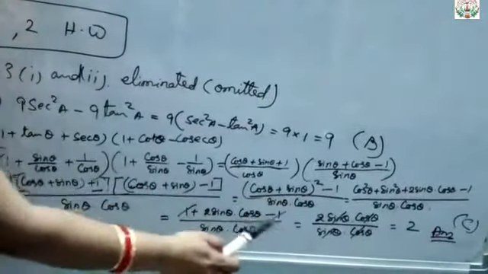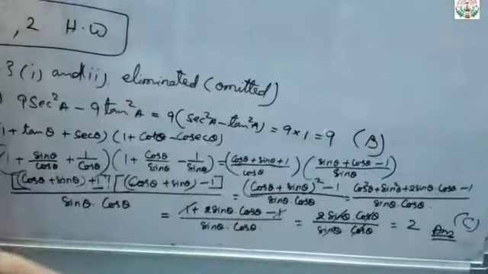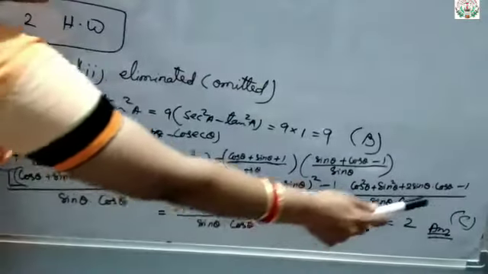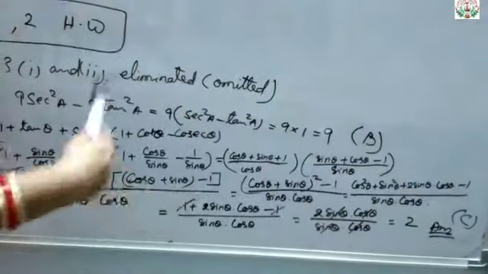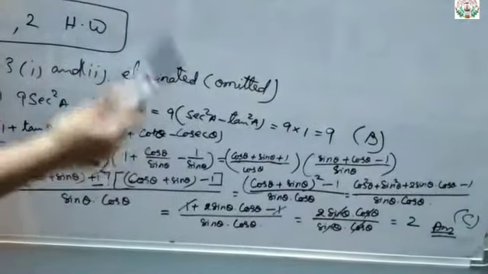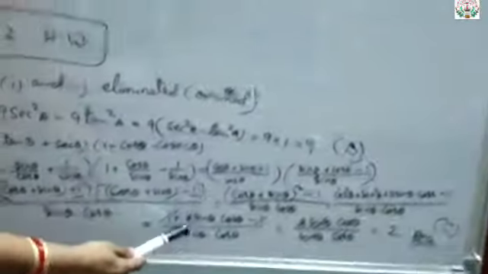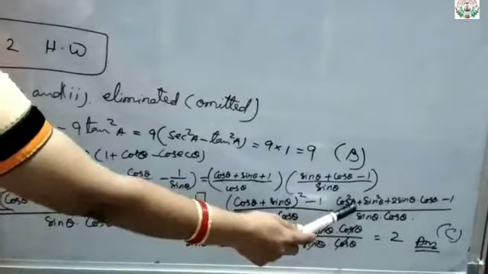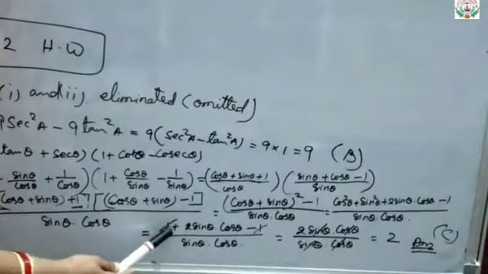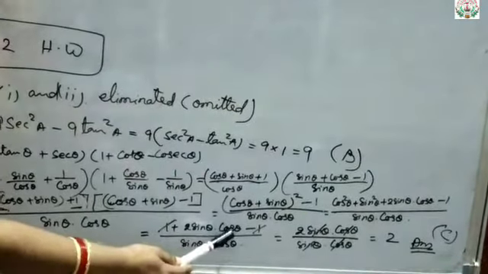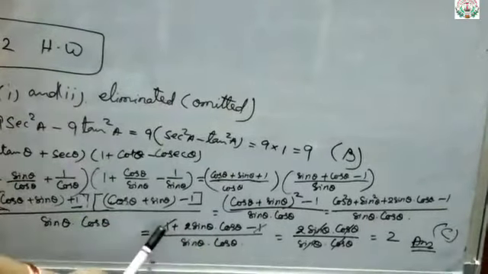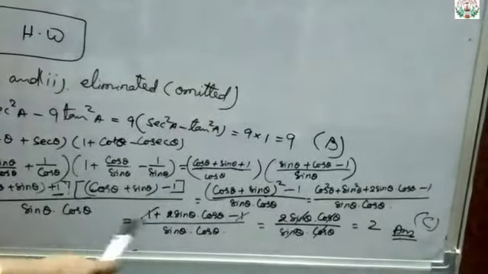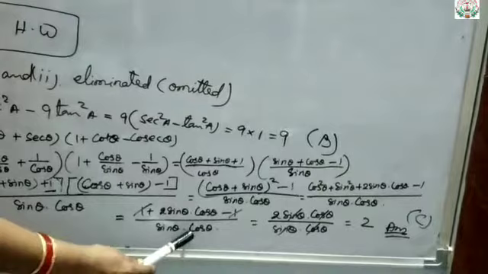Or you may put in place of 1 the formula cos square theta plus sin square theta and then cancel, that way also you can do. Or we know cos square theta plus sin square theta is 1, so 1 plus 2 sin theta cos theta minus 1; the plus 1 and minus 1 in the numerator cancel, and the denominator is sin theta into cos theta.